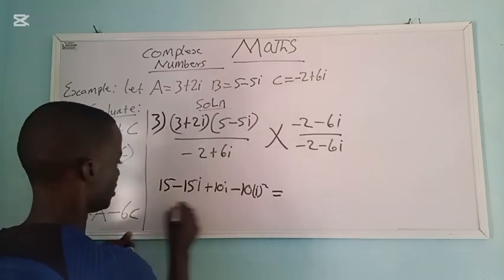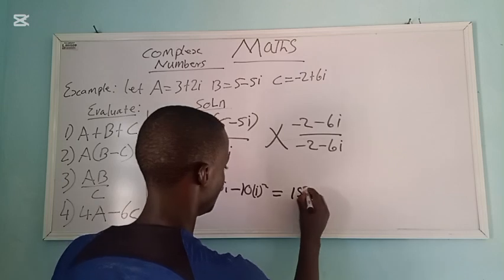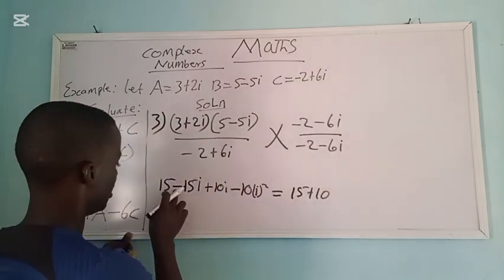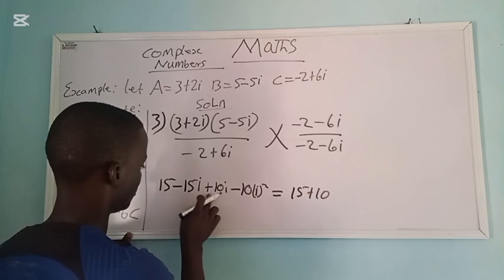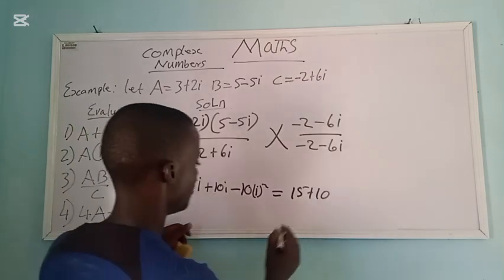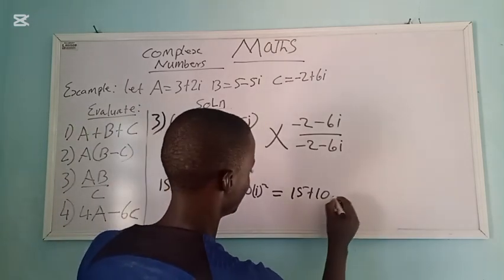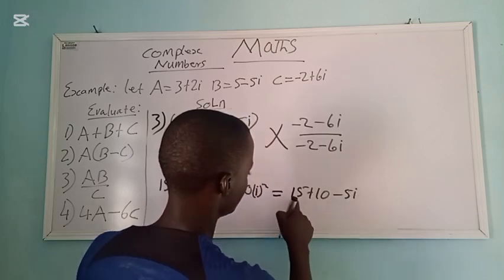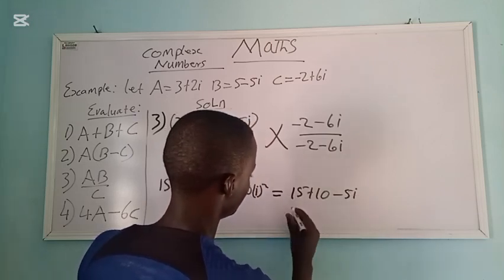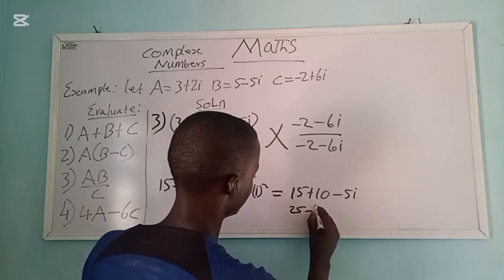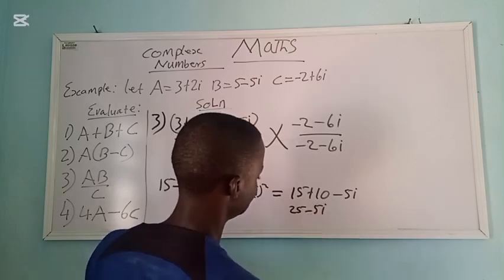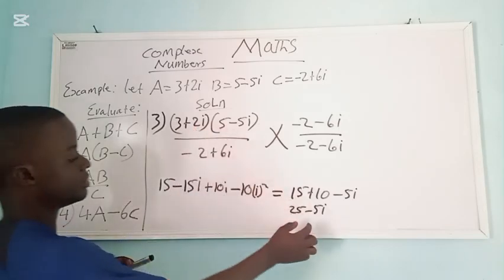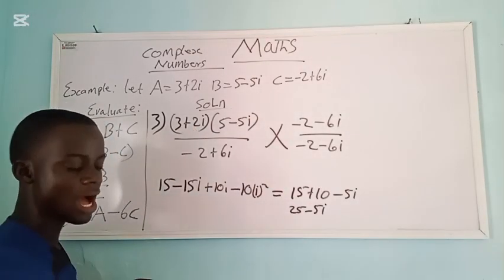So now 15 plus 10, then minus 15i plus 10i will give you minus 5i. So 15 plus 10 will give you 25 minus 5i. So the whole of this one is 25 minus 5i.